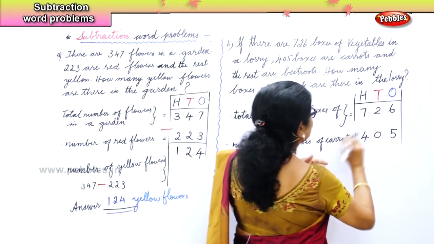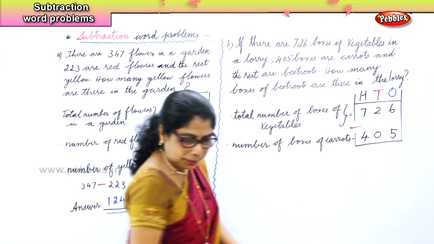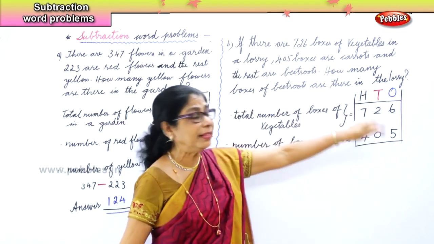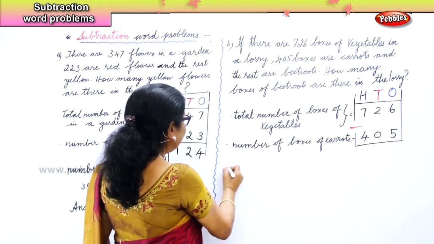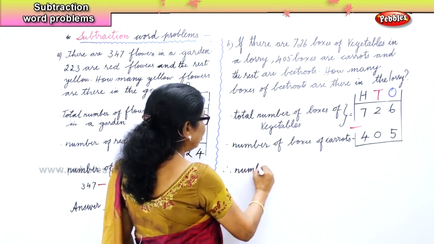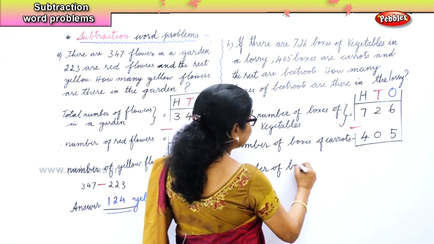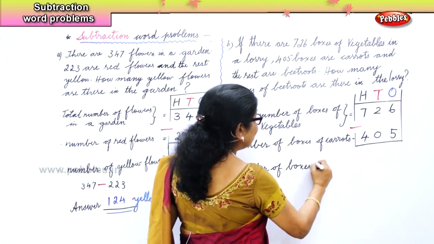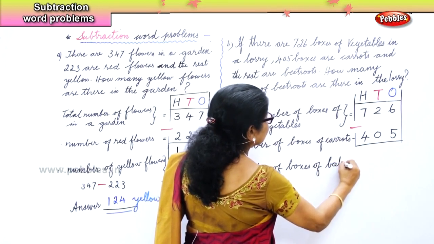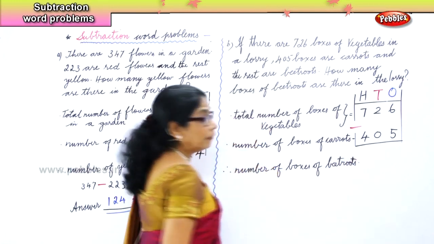That is minus 405. What will the next statement be? We are asked to find out how many boxes of beetroots are there. Therefore, number of boxes of beetroots. That's what we are going to find out.